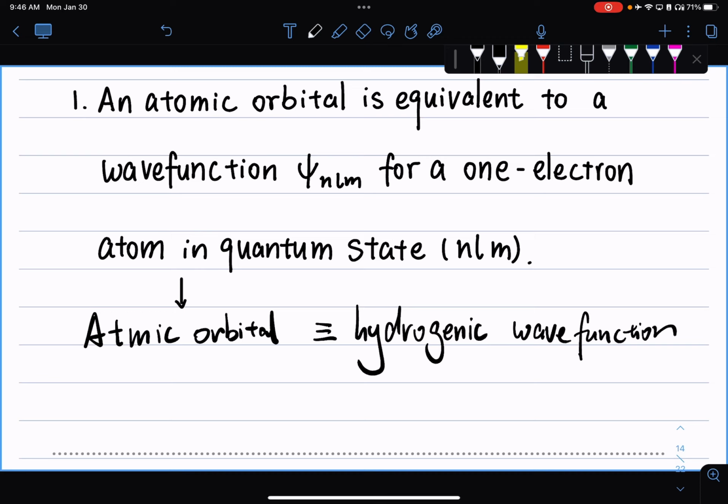When we say hydrogenic wave function, it means atoms that have only one electron. So He+ is also a hydrogenic wave function.